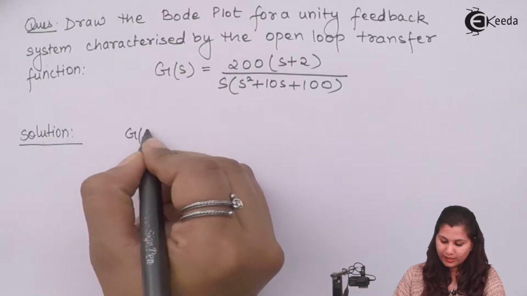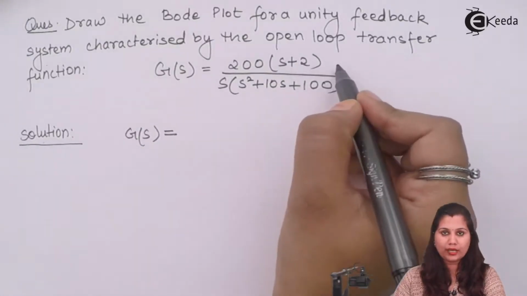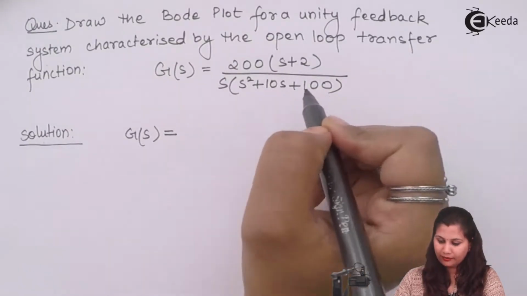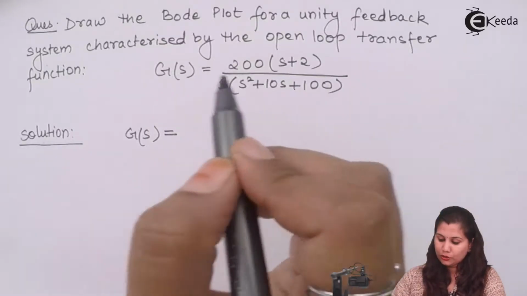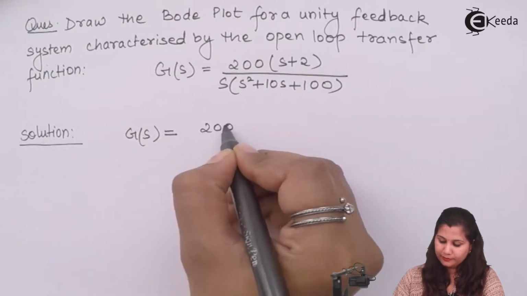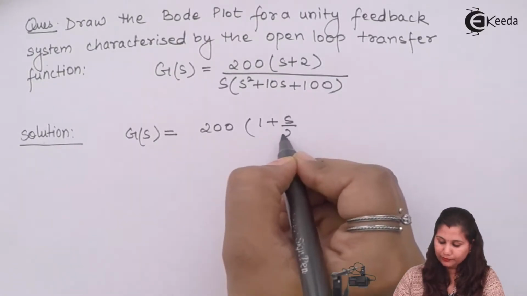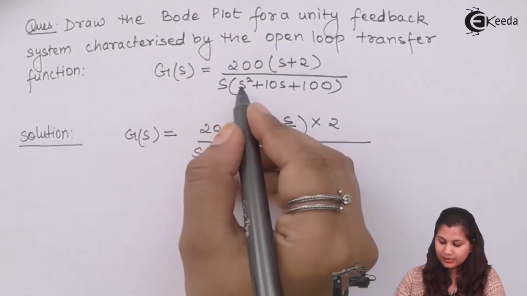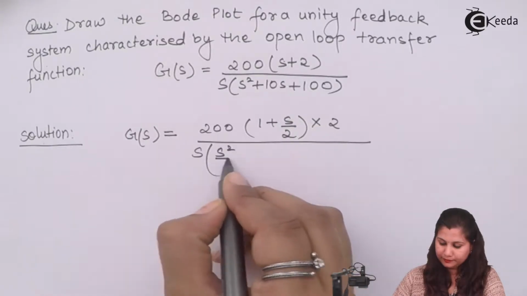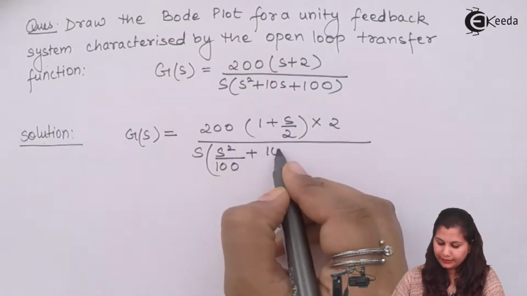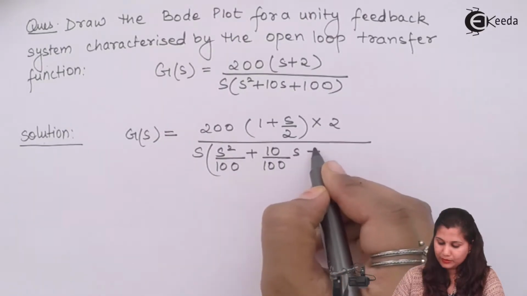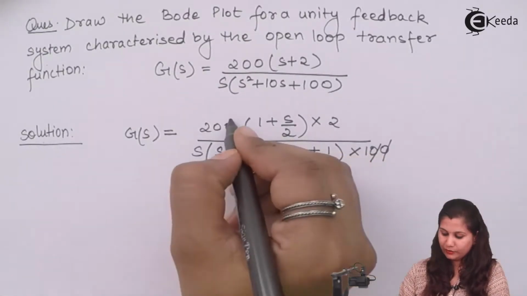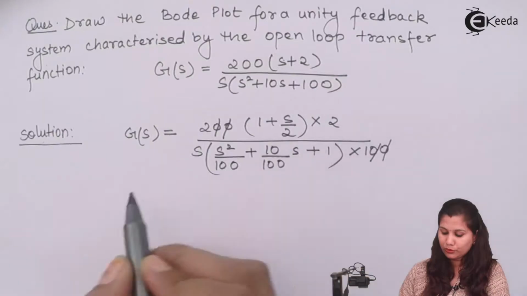So we will have G(s) equals, we can take 2 as common, so we are left with 1 plus s by 2 here, and we can take 100 as common from the denominator, so we are left with 200 times (1 + s/2) into 2 upon 100 times (s²/100 + 10s/100 + 1). So the zeros will be cancelled, and 2 into 2, so it will be 4.